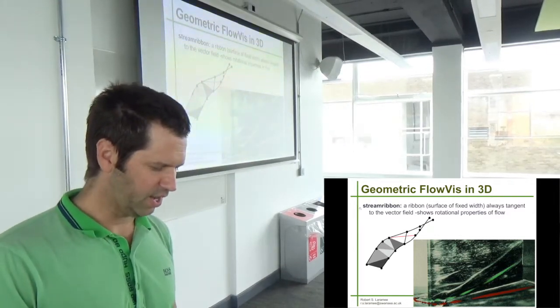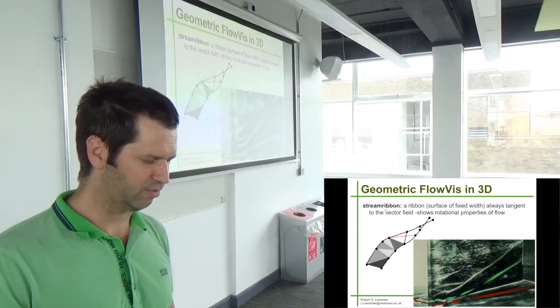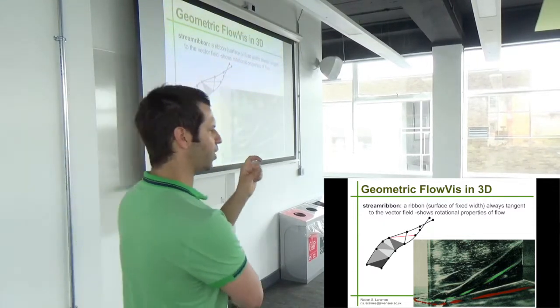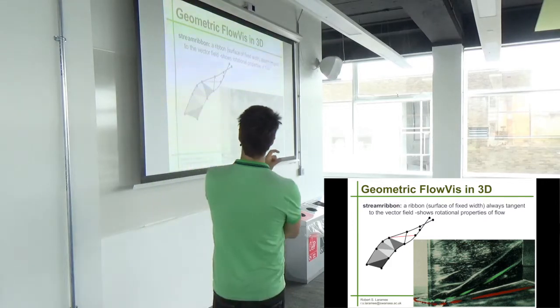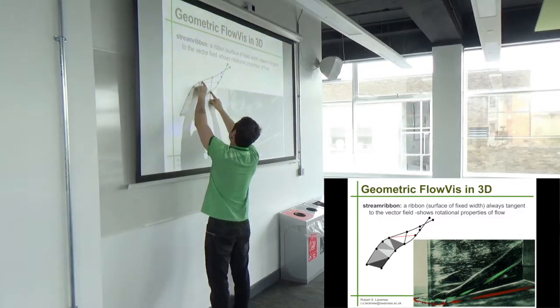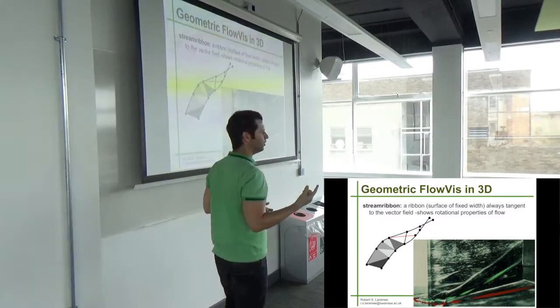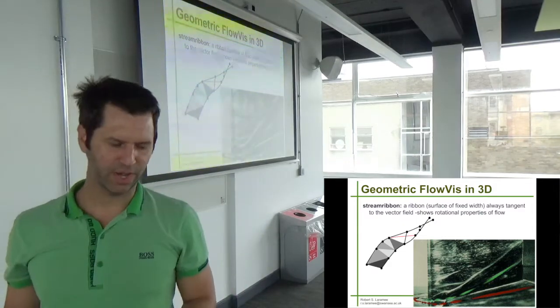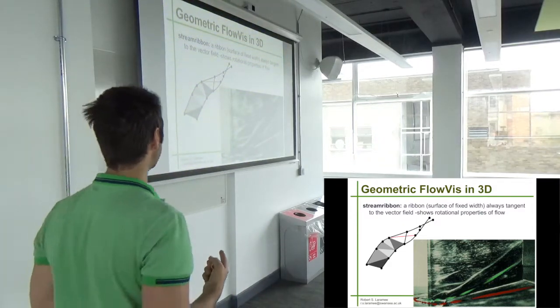We can extend the idea of a streamline to a stream ribbon, which has a fixed width. Basically, it's two streamlines, and those streamlines are computed in a fashion similar to our lecture on numerical integration.